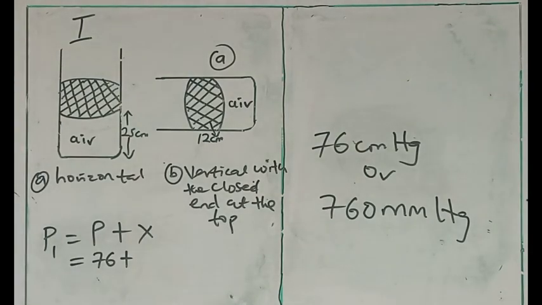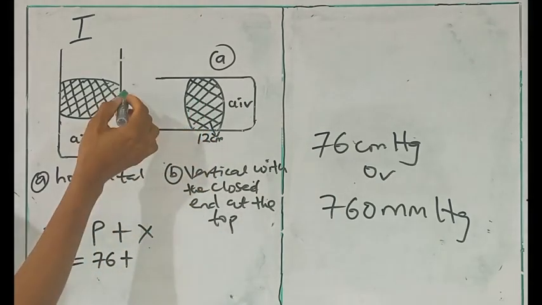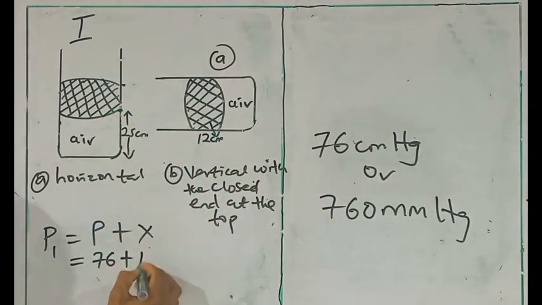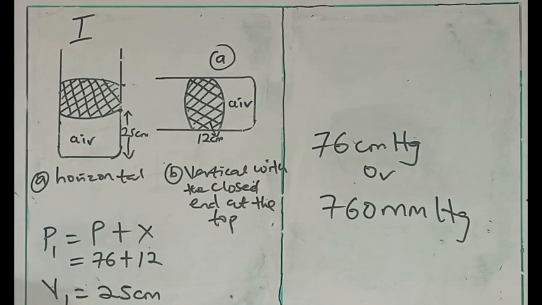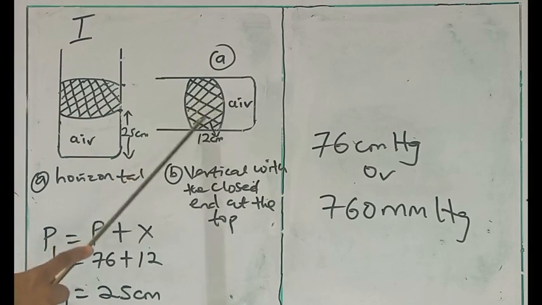But in this case, because it's in cm, we are using 76 plus X. Remember that X is this distance from here to here, which is just 12. So we have gotten our P1. And V1 remains 25 cm. That's the volume of air trapped. And our P1 is 76 plus 12, 76 plus this X, that's the length of mercury.